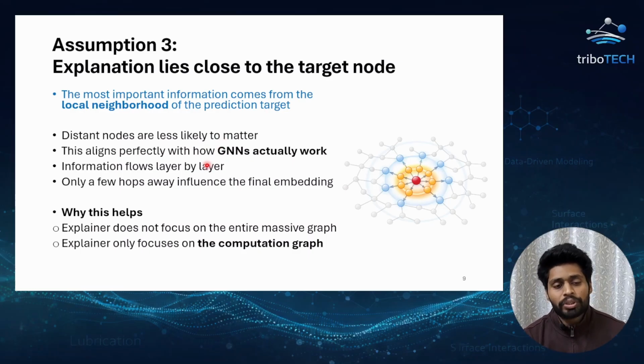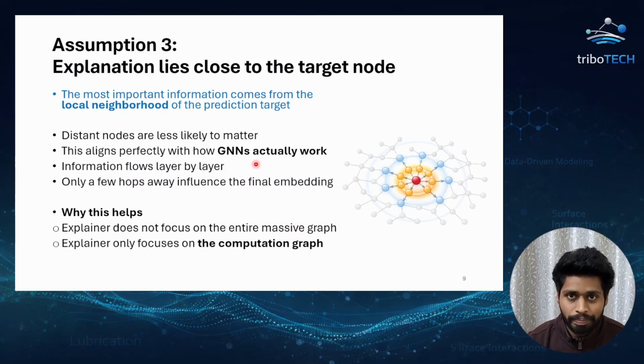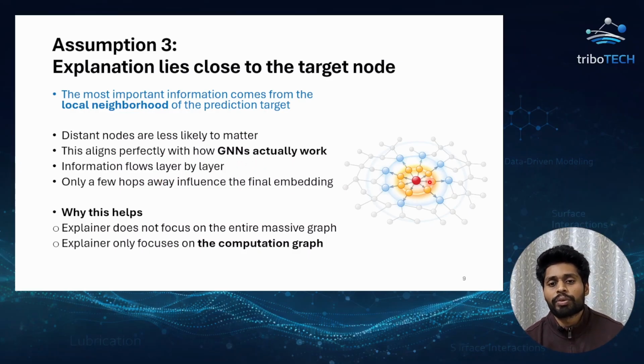This assumption aligns with the way GNNs actually work. You already know that in GNNs, information flows layer by layer. Information only a few hops away influences more compared to information farther away.